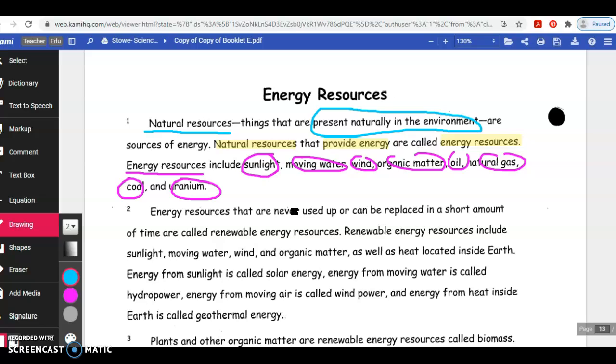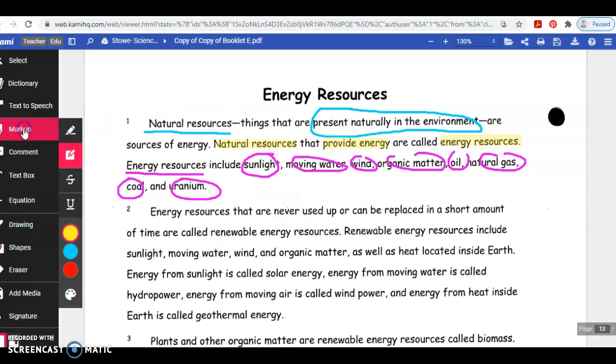Renewable energy resources include sunlight, moving water, wind, organic matter, as well as heat located inside Earth. Energy from sunlight is called solar energy. Energy from moving water is called hydropower. Energy from moving air is called wind power. And energy from heat inside Earth is called geothermal energy.